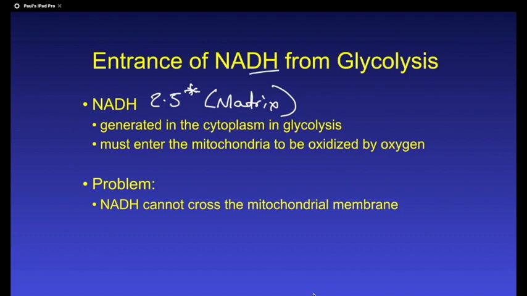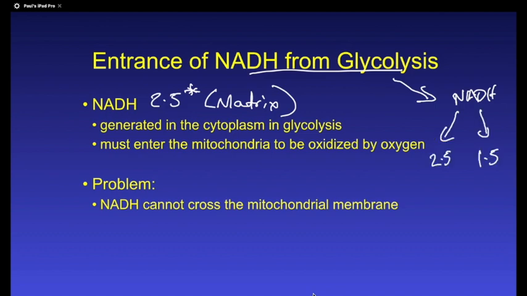The NAD from glycolysis, though, 1 NADH can make 2.5 ATPs, or it can make 1.5 ATPs. Okay?